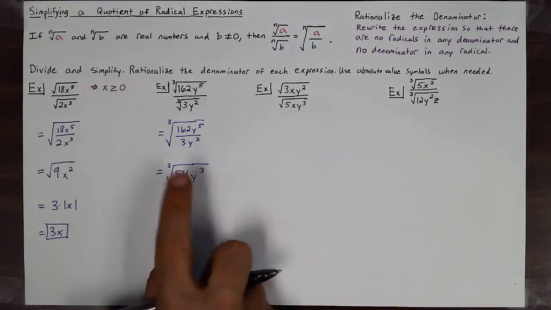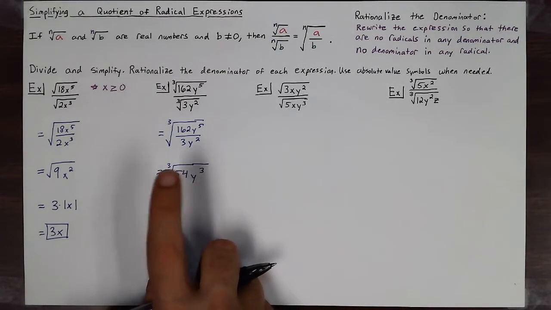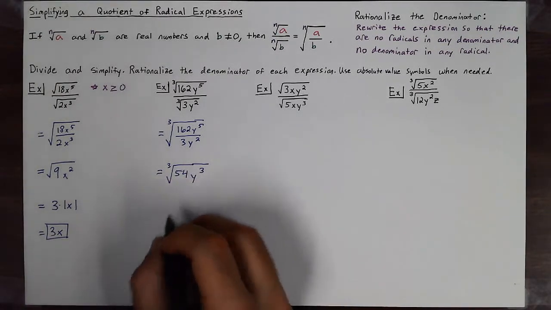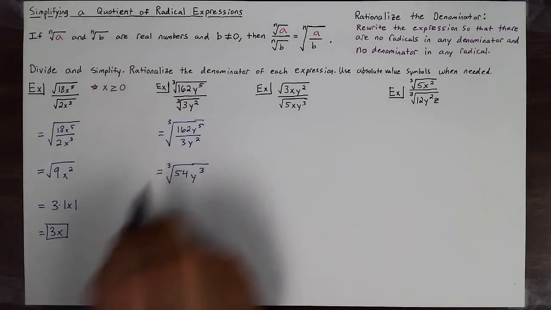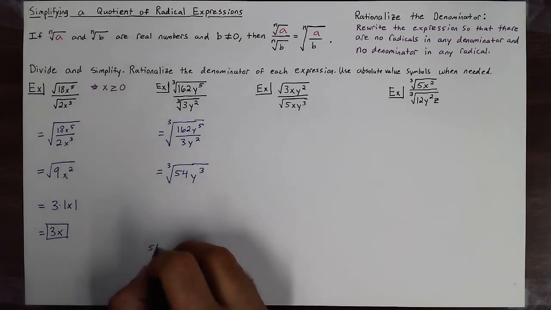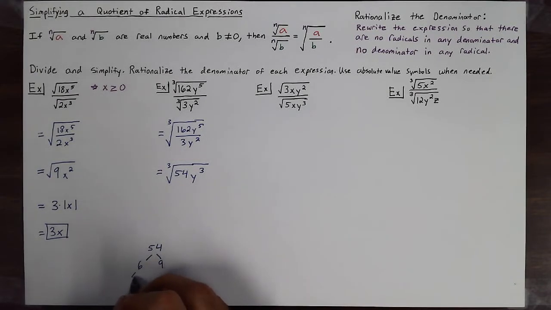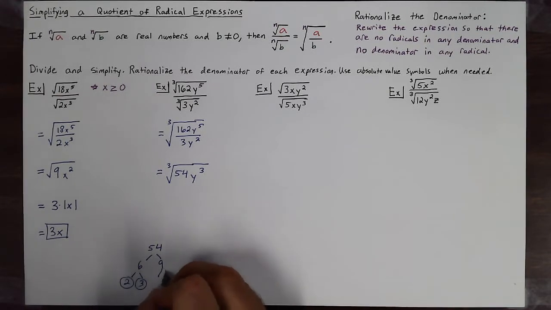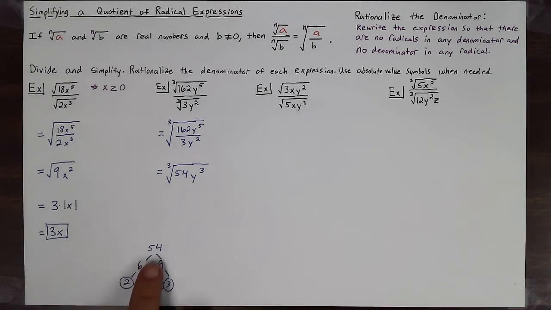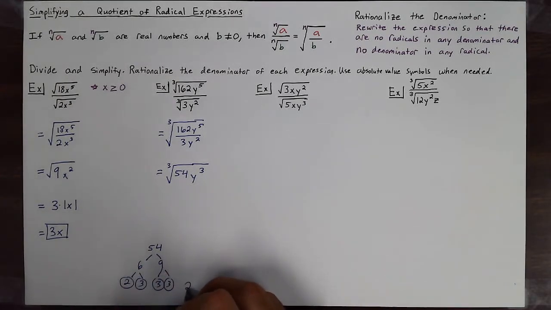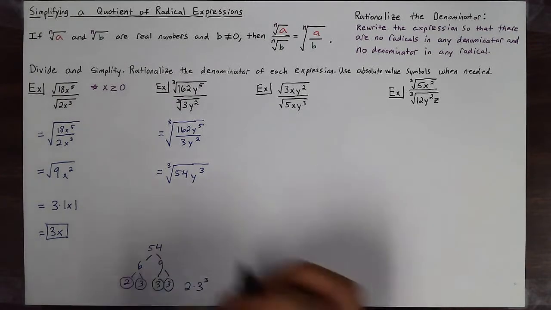And now 54 is not a perfect cube, but I can look at its prime factorization to see how I can rewrite that to find a perfect cube. So 54 can be written as 6 times 9. 6 can be 2 times 3. Those are both prime numbers. And 9 is 3 times 3, so we get 2 more prime numbers. So I can rewrite 54 as 2 times 3 to the third power.